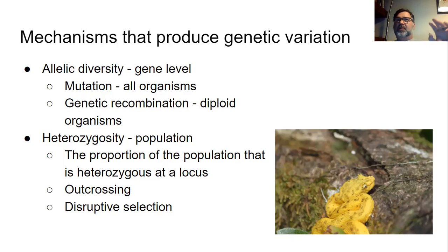One example I know of is selecting for very large males and then very small males in salmon species, because each has a strategy for mating. Disruptive selection means you're preserving this gene and this gene, and so you are maintaining that genetic variation. And outcrossing means you are breeding with individuals that are not related.